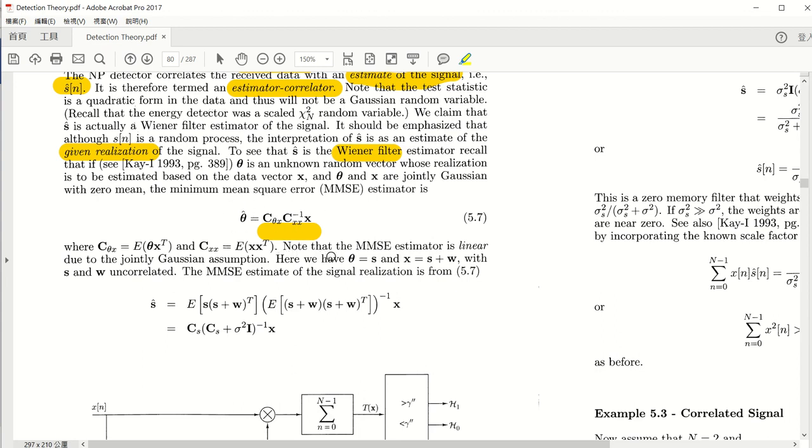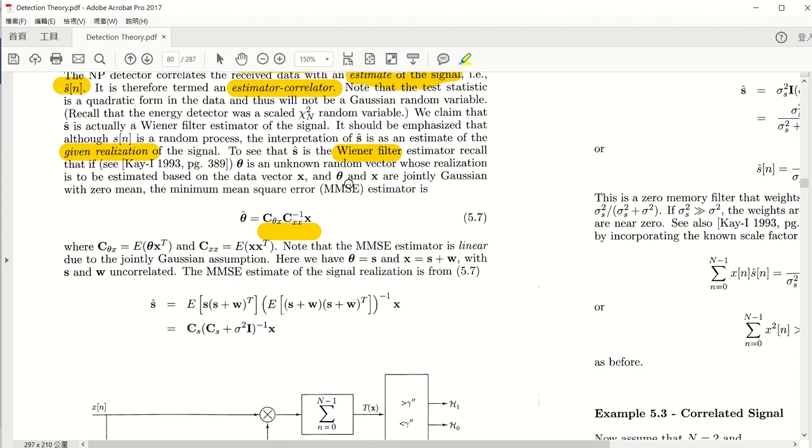And note that for the MMSE there are more complicated arguments behind this, but we're not elaborating too much on this because it has deeper and more complicated derivations. We just think of this as the MMSE estimator.